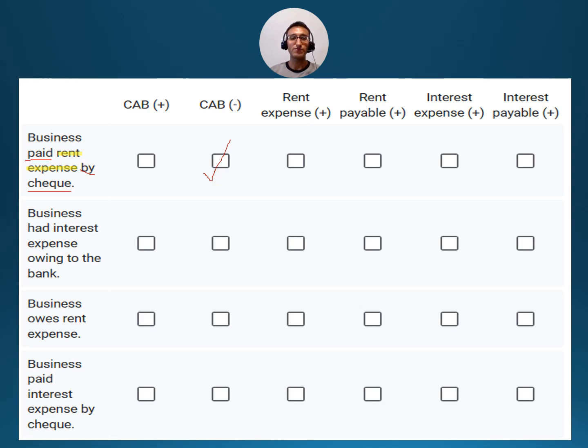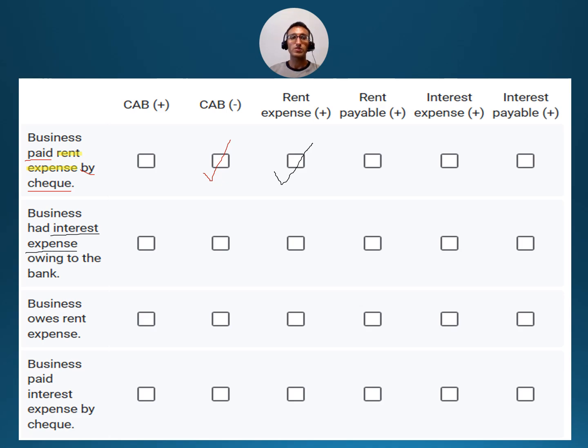It's a service enjoyed by the business. Therefore, we would adjust it in the rent expense account as an increase because the business has used up more service, or the business has now gotten an increase in the cost of their operations. Therefore, rent expense increases.